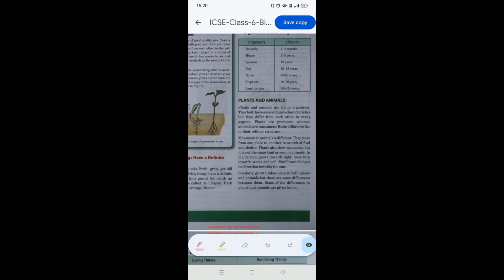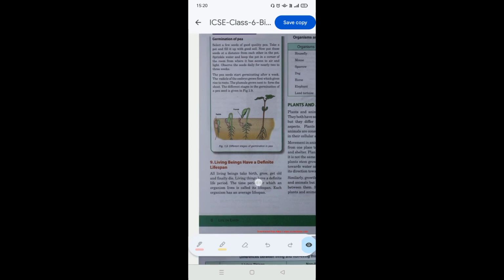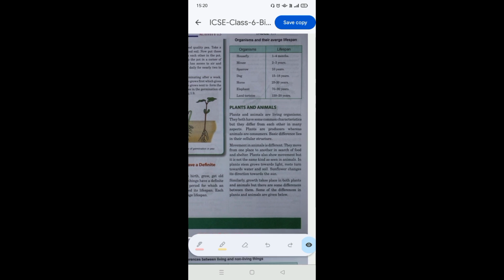So, under living things or living organisms, plants and animals both are living organisms. So, all these 9 characteristics are present in plants and animals. But how do they differ from each other? Let's see. Plants are producers, whereas animals are consumers.